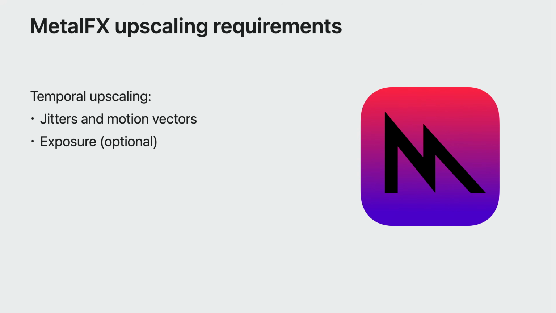MetalFX temporal upscaling can take rendering's exposure into account, and you have two options. If your renderer supports 1:1 exposure texture, then use that. Otherwise, you can enable the auto exposure feature and see if it improves the quality. Don't forget to reset the history on camera cuts and extreme camera movements.